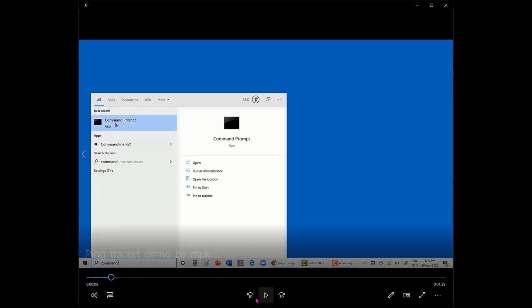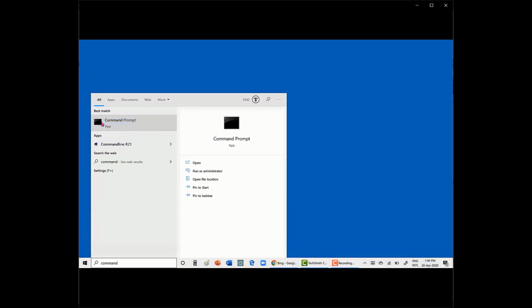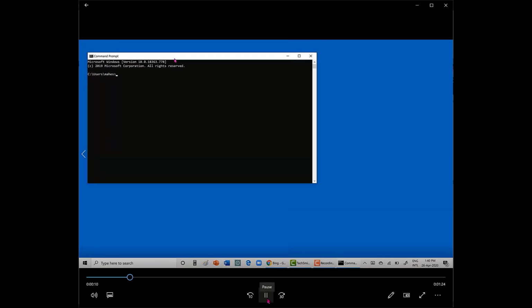The moment I typed command here, command prompt has come, right? And I will click on it to open the command prompt. And this is what is called command prompt, right? Every computer has this. It takes our instructions and we can give the instructions by typing here.